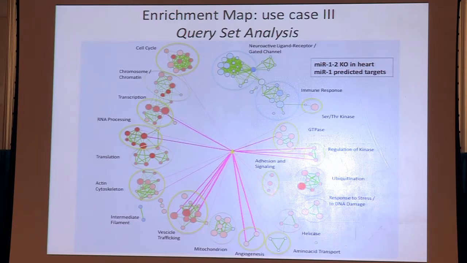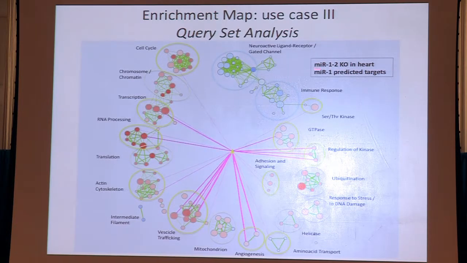So here we took some gene expression data from a mouse study where they knocked out a particular microRNA in mouse heart tissue, and they collected gene expression data before and after.